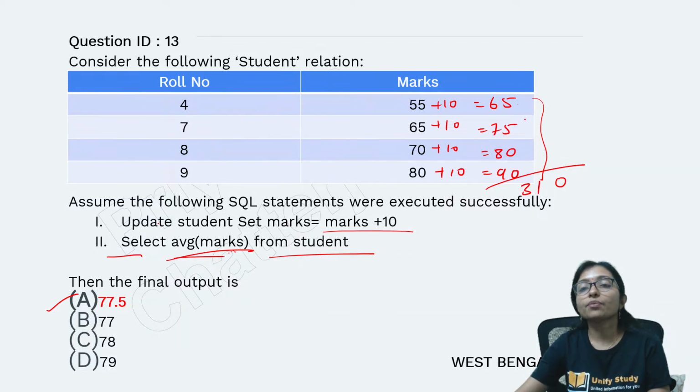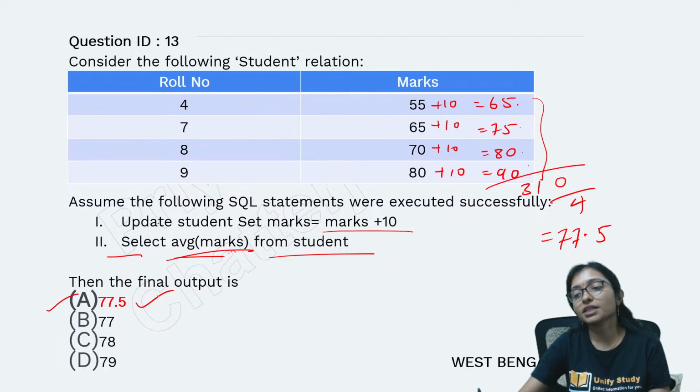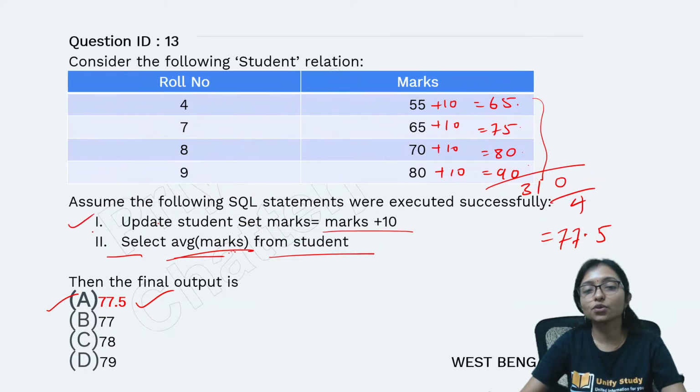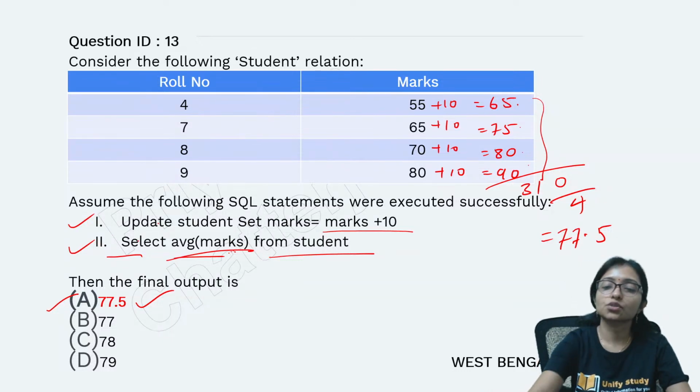Right? So 310 divided by 4, that is 77.5. Yes. So that's why your answer is coming 77.5. Got it? First update all the values, then after that do the average. That's why your answer is this one.